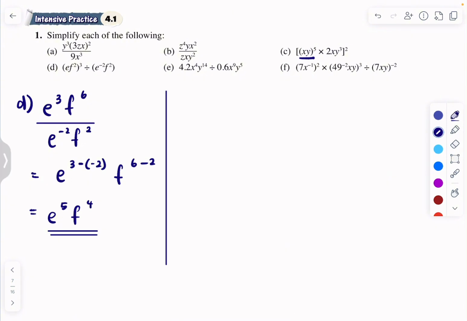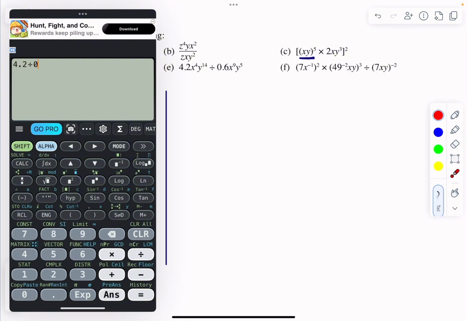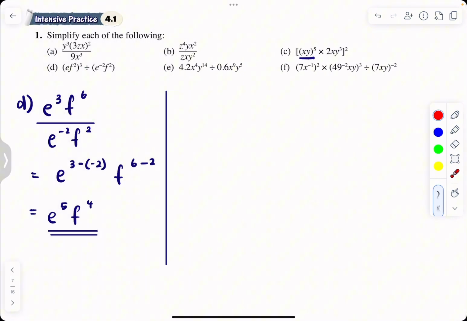Let's look at E. We have numbers here, so we have to divide these numbers first. 4.2 divide 0.6, we get 7. So we can say 7. Then x power 4 divide x power 9, so it will become 4 minus 9.